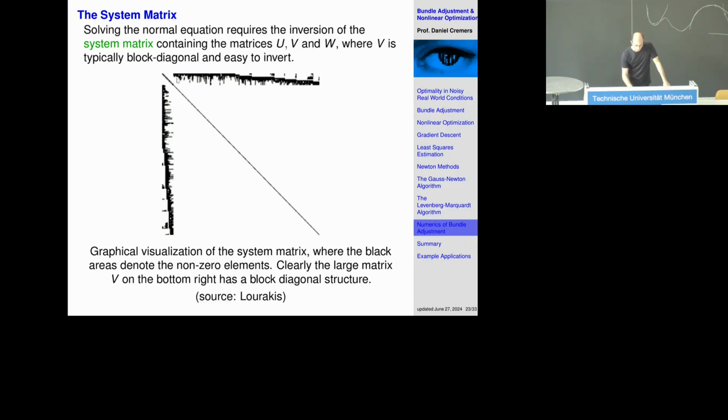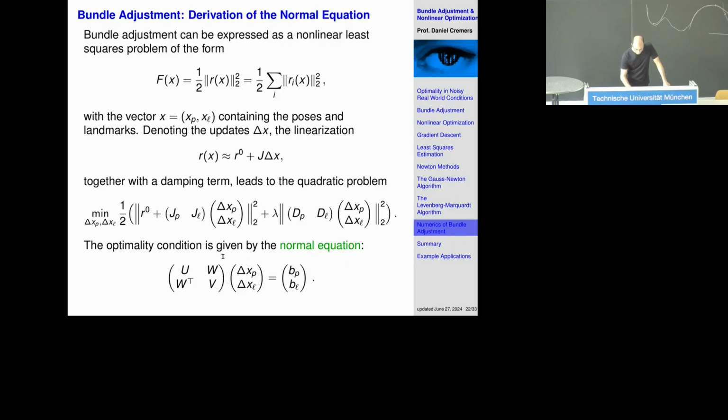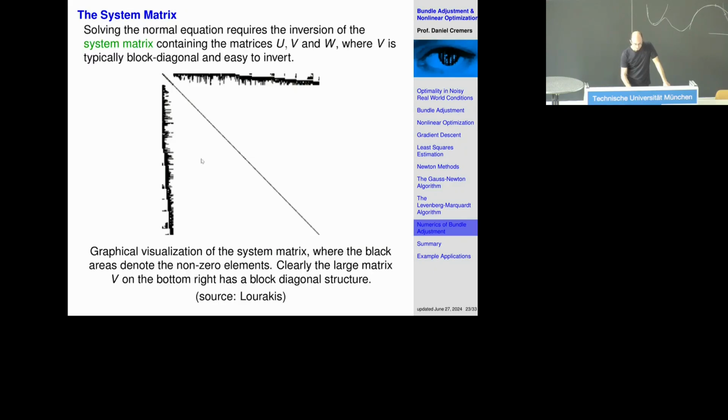What makes this difficult to invert as a whole is this part here, we call it W, right? This W and the U make it a little bit hard to invert the whole matrix. But there is a very beautiful trick in linear algebra, and it's called the Schur complement trick. And that allows us to invert this matrix more efficiently.